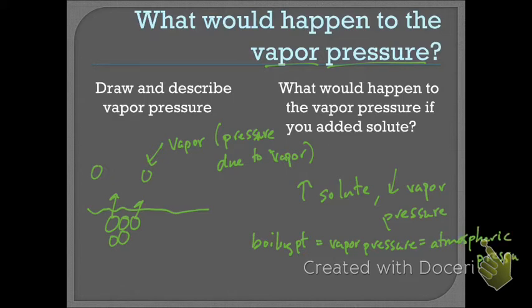So if you lower vapor pressure, atmospheric pressure is going to stay the same. If vapor pressure is lowered, you've got to find some way to increase vapor pressure to match the atmospheric pressure, right? So you need more energy, and so your boiling point increases.